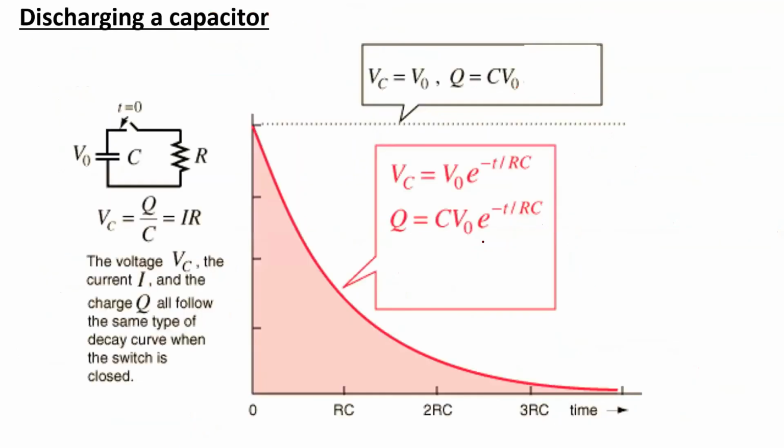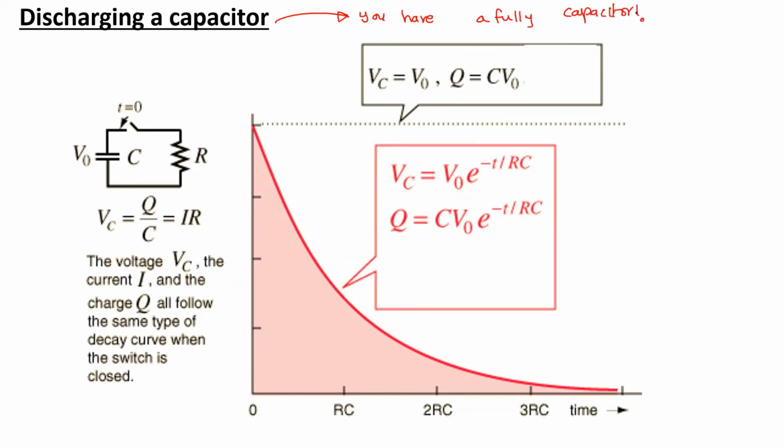Now we will go to discharging a capacitor. So discharging is easy. Why? We know at time 0. So discharging means what? Discharging means you have a fully charged capacitor.